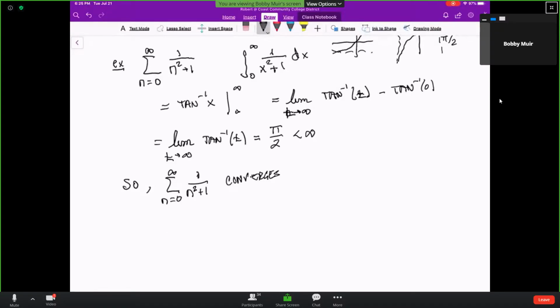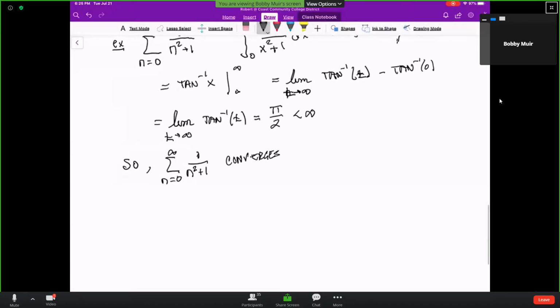Now, this was a great application of integrating. I would certainly want you to do this because it's another integral for you to do. But we already know that the sum from 1 to infinity of 1 over n squared converges.